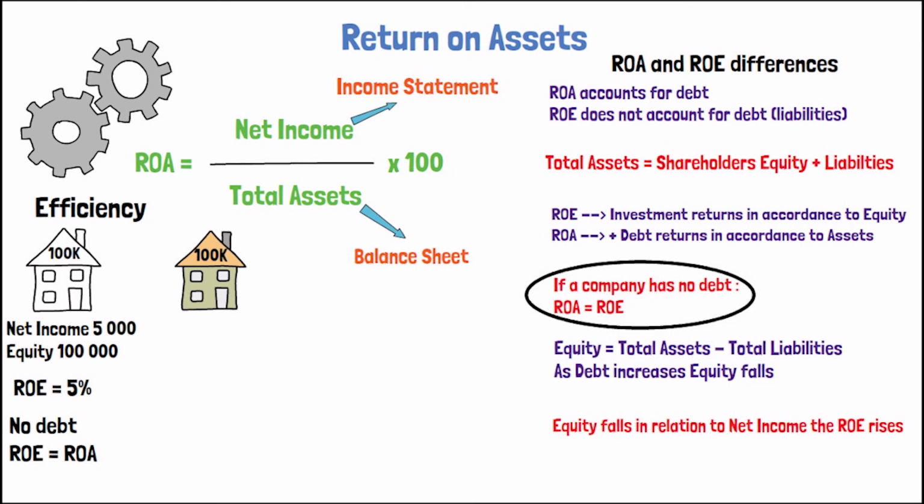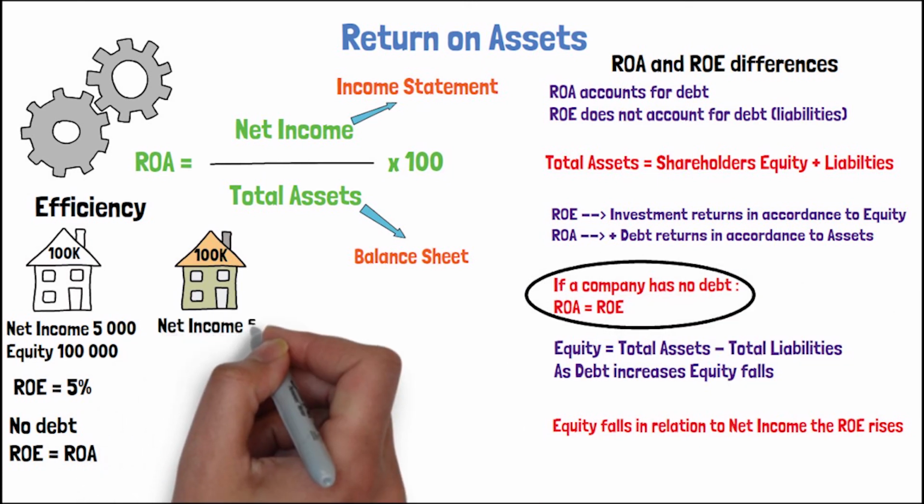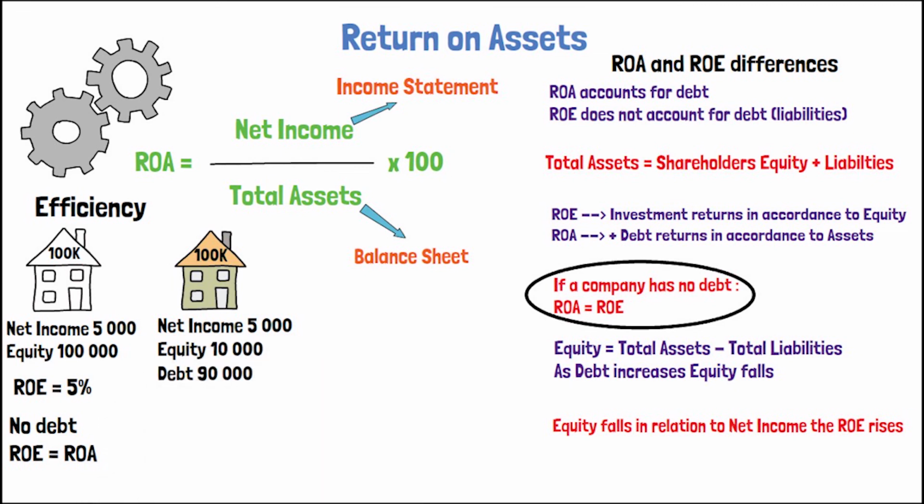The second property also has a net income of $5,000 per year. However, this time we bought the property using a loan and made a down payment of $10,000. Therefore, our pure capital in this property is $10,000 and the remaining $90,000 are liabilities. Adding both these numbers together gives us the price of the total assets.